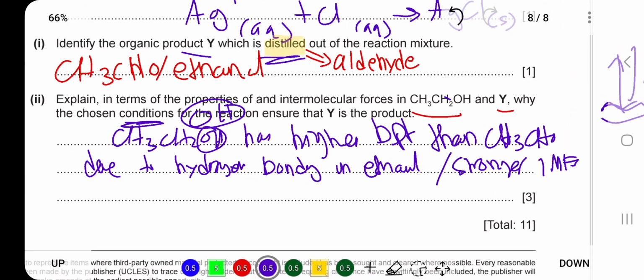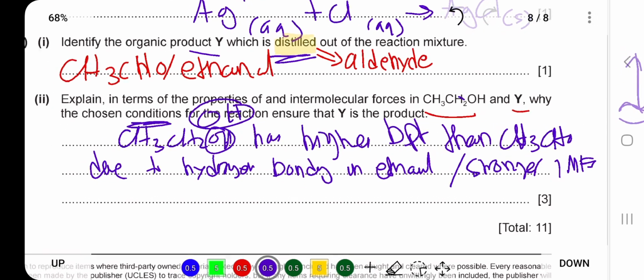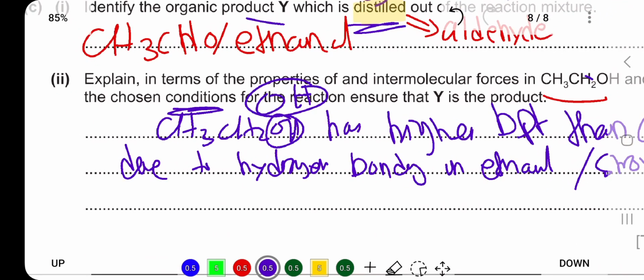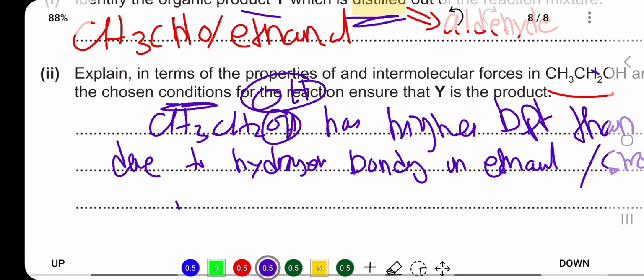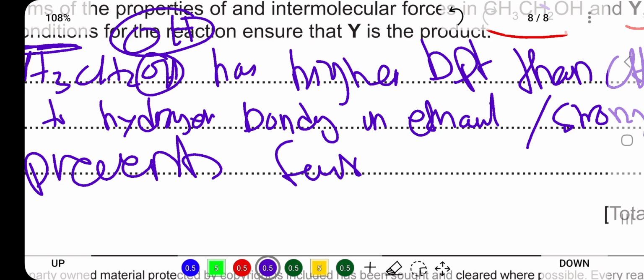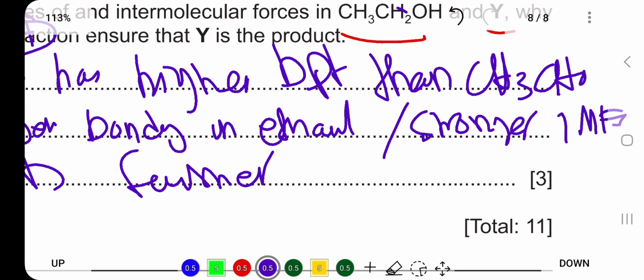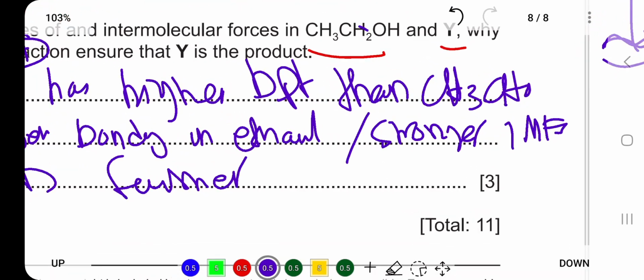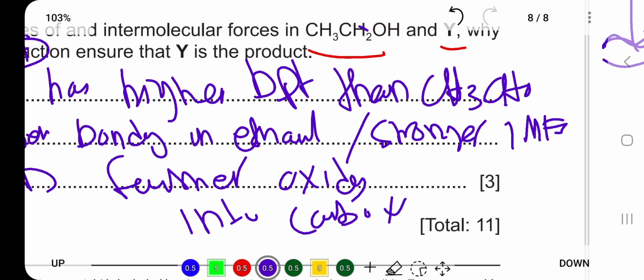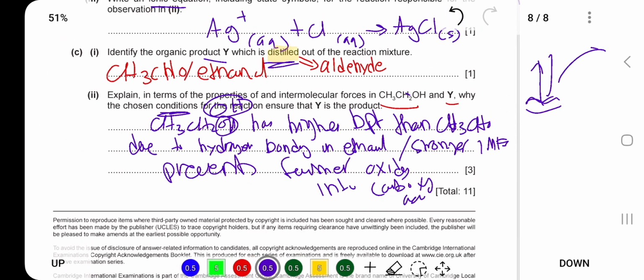Because an aldehyde has a low boiling point, so it will distill off, and that's why you will be able to get an aldehyde. It prevents further oxidation, because if the aldehyde did not have a low boiling point, distillation would not work and it would further oxidize into a carboxylic acid, which we do not want, which happens in reflux. That's why we distill it.